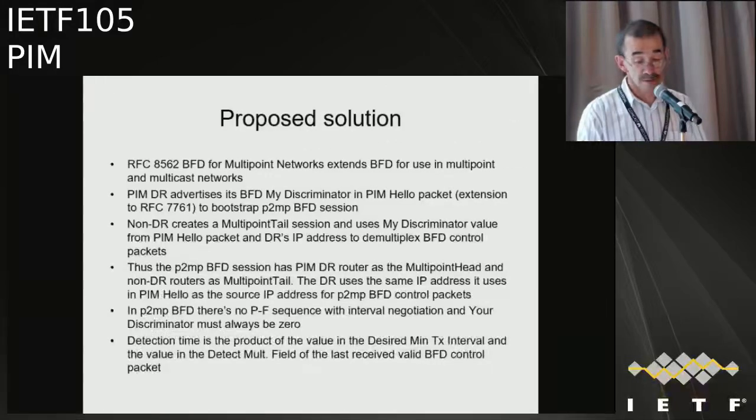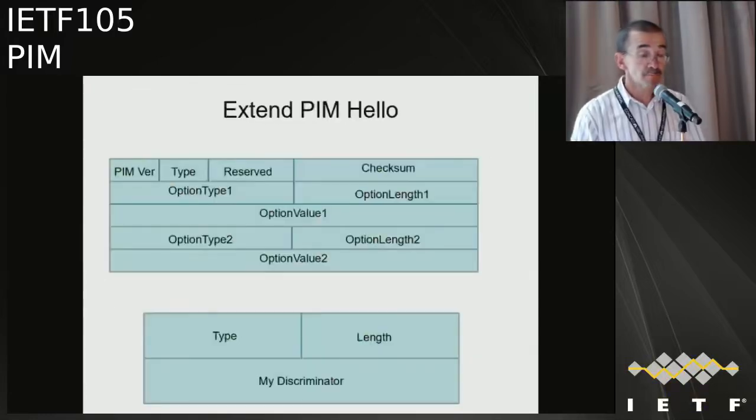Primarily, we see the benefit as tracking the status of the DR and possibly the BDR. The mechanics work so that the router whose status we want to track adds an optional TLV. It advertises its locally assigned 32-bit unsigned integer as its discriminator. The specifics of point-to-multipoint BFD compared to classical BFD defined in RFC 5880 is that there is no three-way handshake.